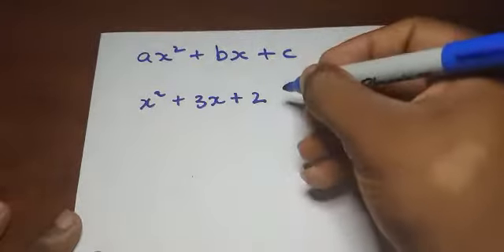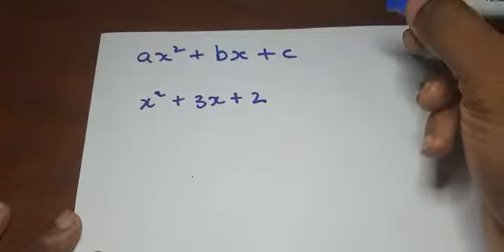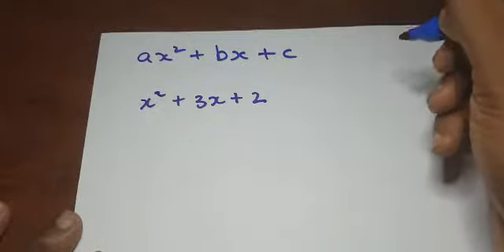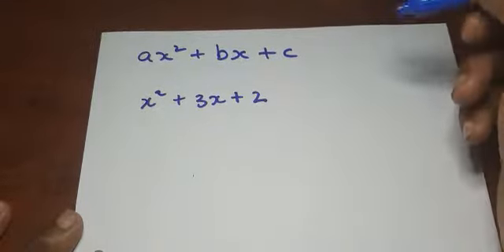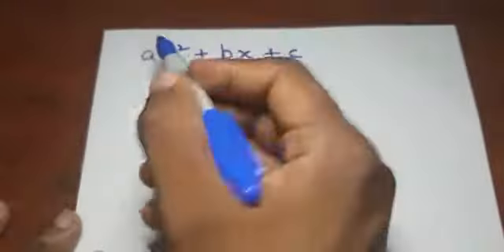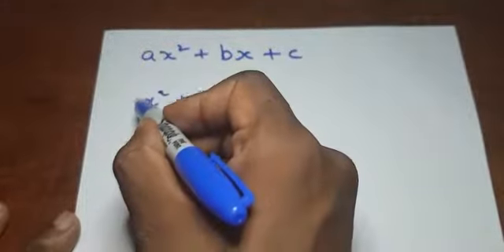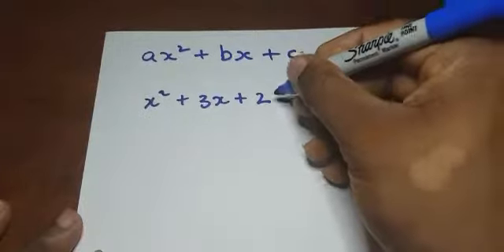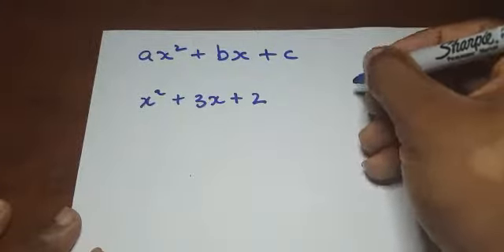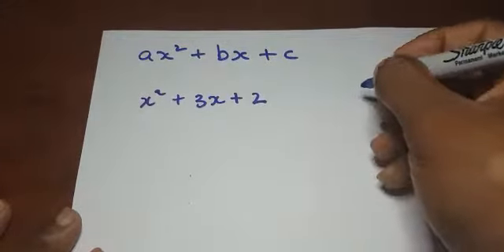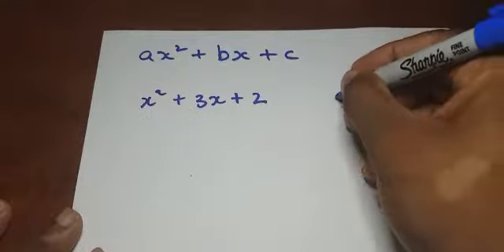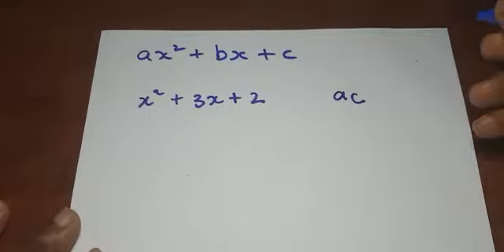So the thing about factorizing a quadratic expression is that we have to look at what we have for a, in this case 1, and what we have for c. The method that we'll be using is sometimes referred to as the AC method. Why?